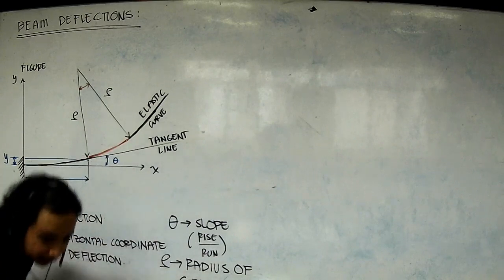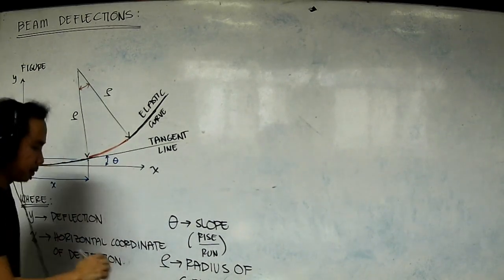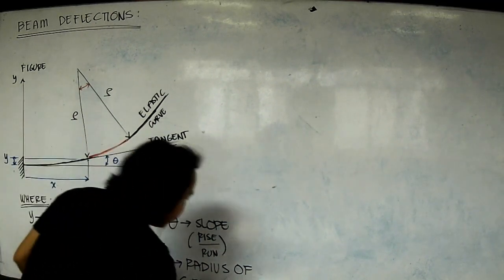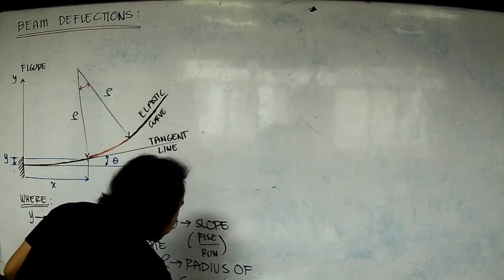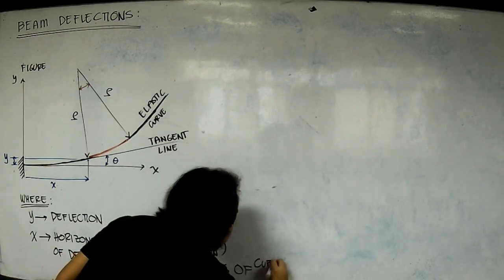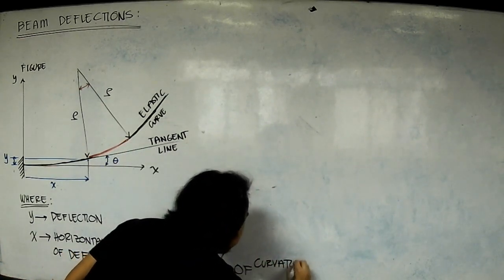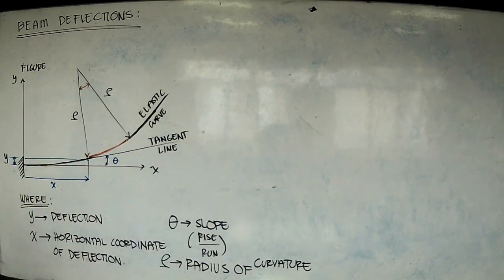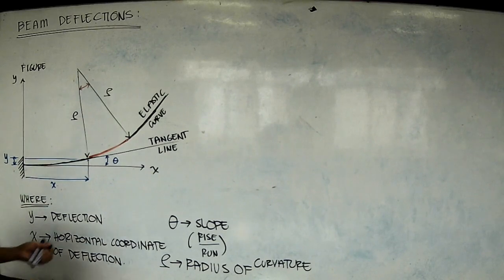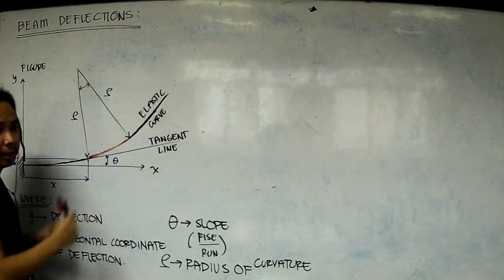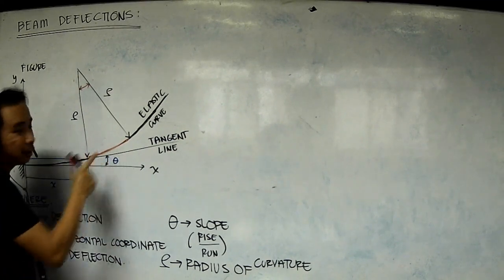I hope you can still see it. This is the radius of curvature. Okay? So, that is the radius of curvature. Now, imagine that this red strip is a part of the beam here.